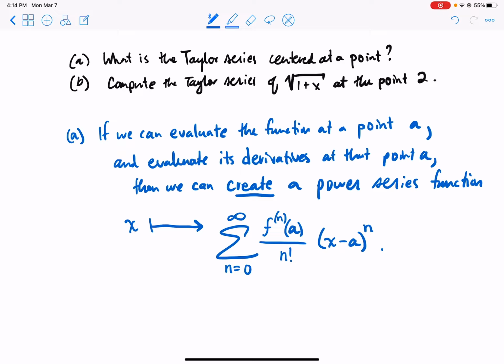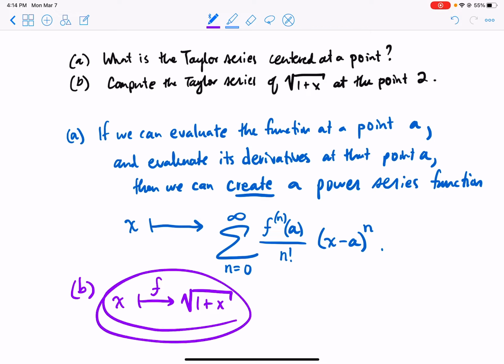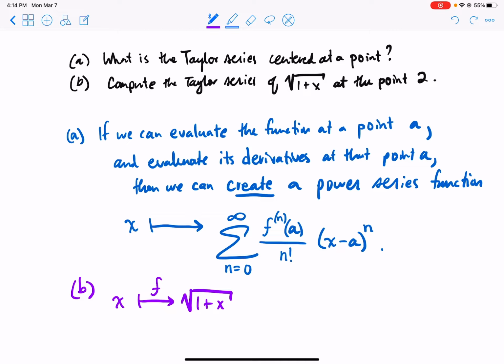Great. Now, part B. Compute the Taylor series of this function at the point 2. Okay. So we have a function, let's call it little f, and it sends x to the square root of 1 plus x. So we already can evaluate this at a lot of numbers, but what if we wanted to put x in the complex numbers? Well, at the point 2, we can evaluate this function.